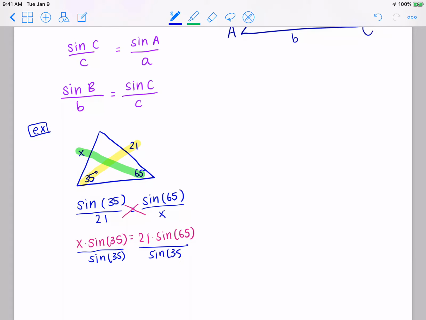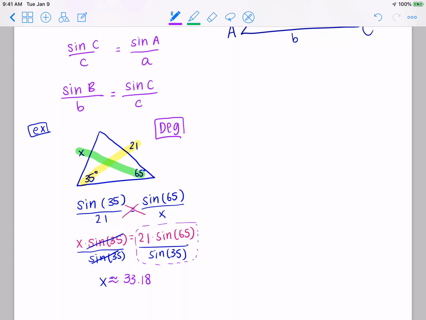Sine 35 goes away. We already have x equals, and whatever this is, that's going to be your answer. So put this in your calculator, and keep in mind that when you put it in the calculator, always refer to degree. You should get approximately 33.18.